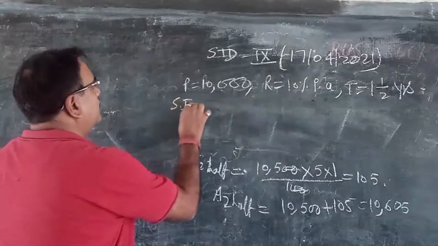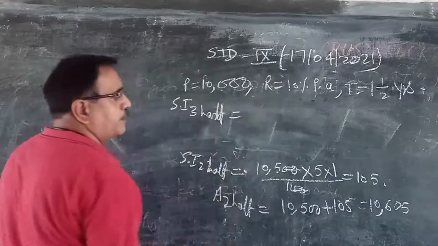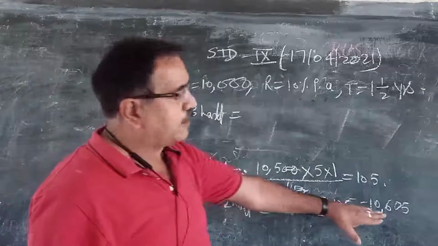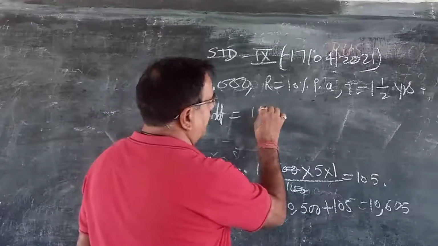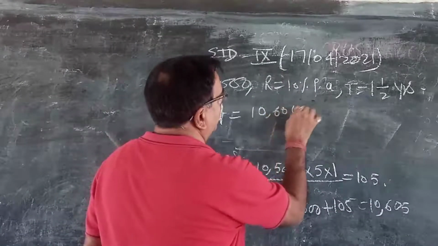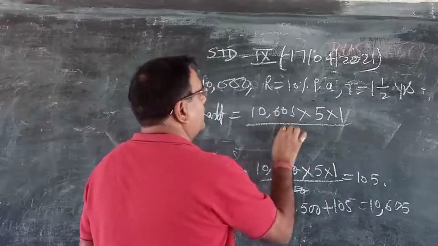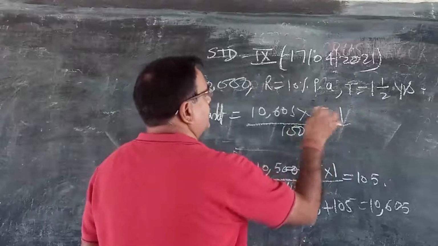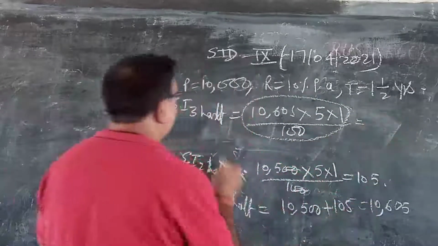SI3, third half. What is the principal for the third half? The amount of the second half becomes principal for the third half. That is 10,605. Rate will be 5 into third half, 1 by 100. This will give the interest of the third half.